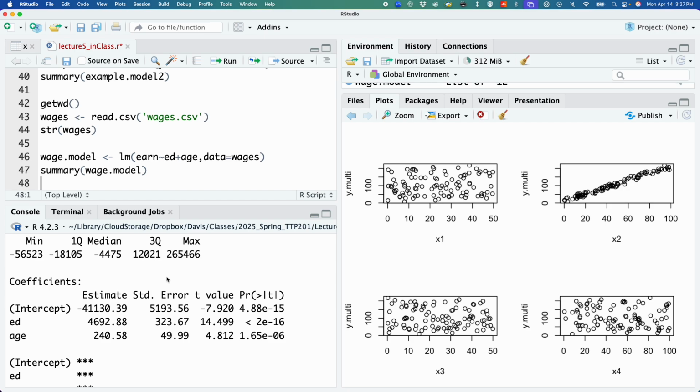So for every year of education that I receive, my income goes up by $4,692 as opposed to $4,490. And for every year in age I am older, I get $240. On average, you would see that the annual income of the person is $240 higher.